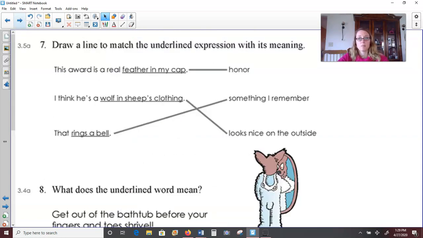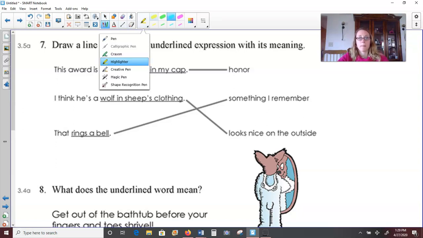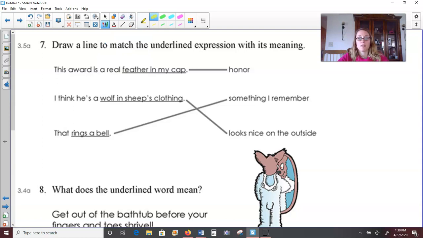Over to the next page, number 7, it says to draw a line to match the underlined expression with its meaning. So if we said, this award is a real feather in my cap. Well, we're talking about an award, so if it's a feather in your cap, it means it's an honor. It's something great to have. I think he's a wolf in sheep's clothing.